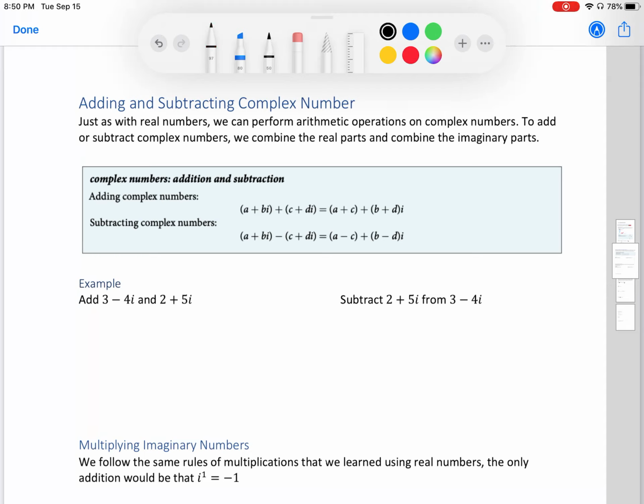So a quick example, what if you had 2 plus 3x plus 1 plus 4x? Wouldn't you add your x's and add your numbers without an x to have 3 plus 7x? Well, that would be the same practice we apply to adding and subtracting imaginary numbers.